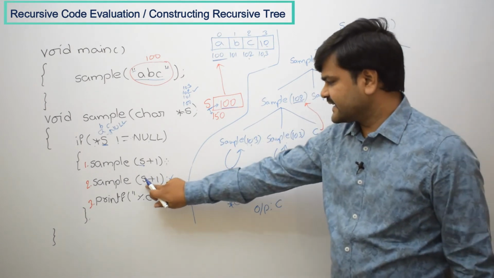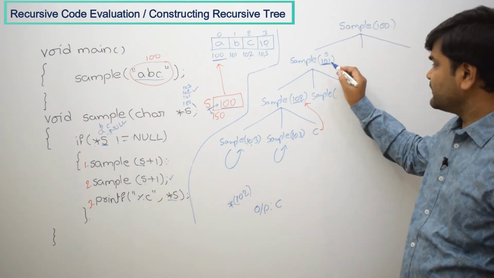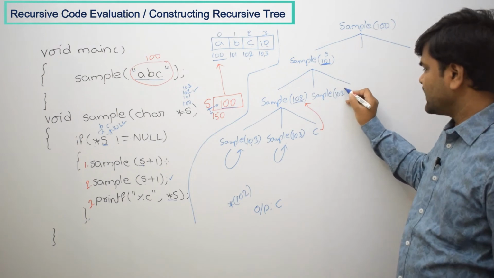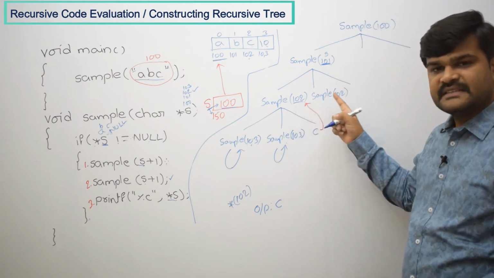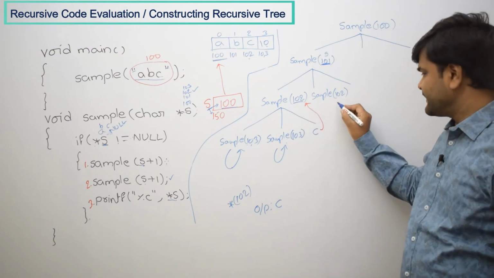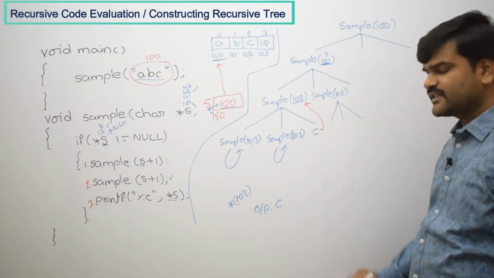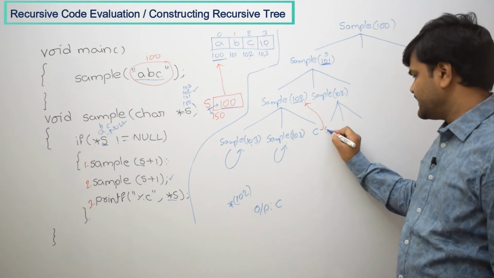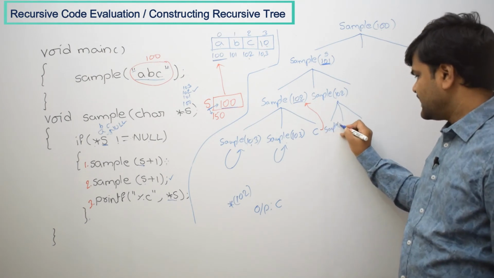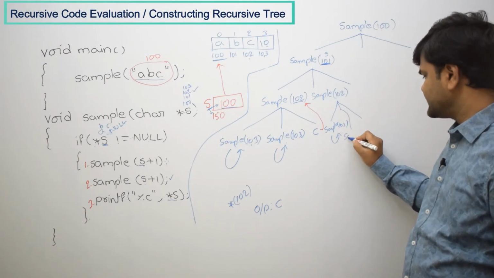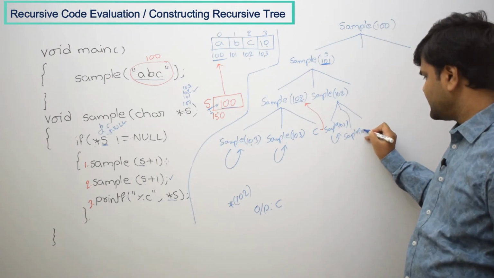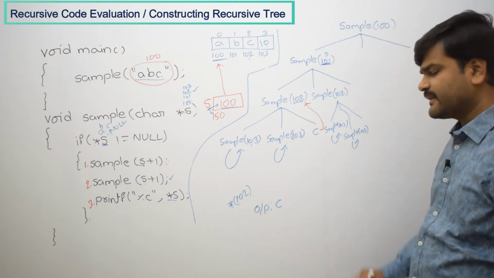S plus 1, 101 plus 1, that means 102. With 102, the same discussion applies here also. That means the same three branches it is going to have. Sample 103 and it simply comes back, and here also sample 103 and simply comes back.